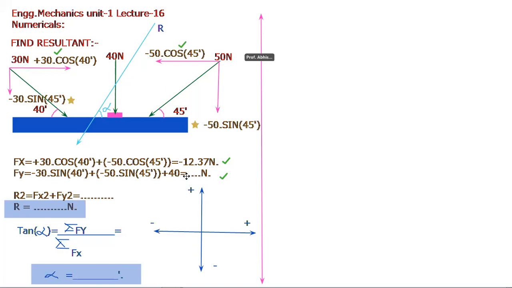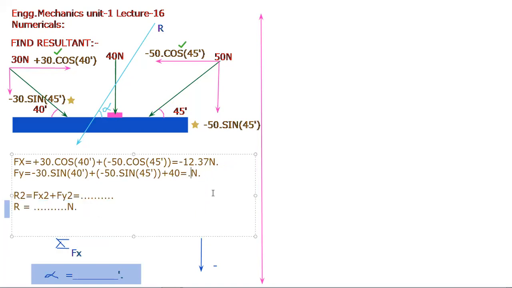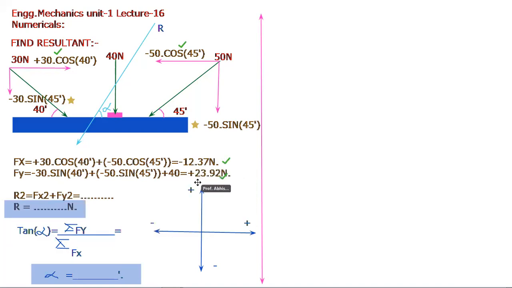Fy is 23.92, which is having the positive value. Now your Fy is positive and Fx is negative. This means that your resultant will lie in second quadrant.